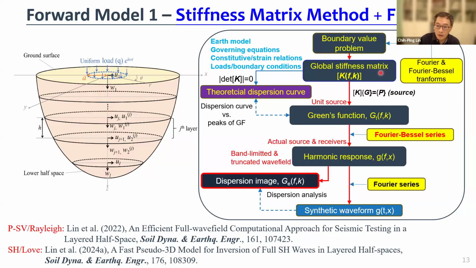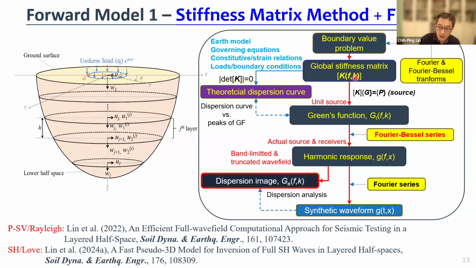After that, we use a spectral element method or stiffness matrix method. At each layer, we solve the differential equation and get a general solution. We find the solution at the top and the bottom of the layer, and relate the displacement and traction at top and bottom.